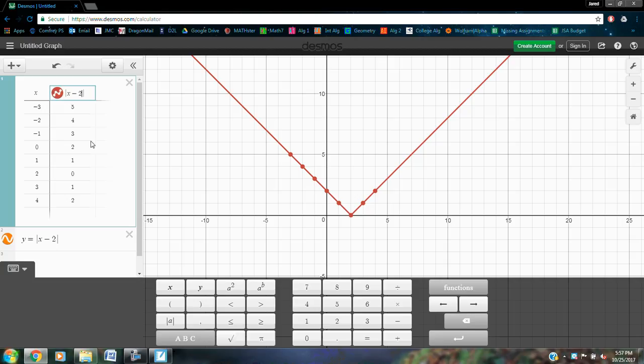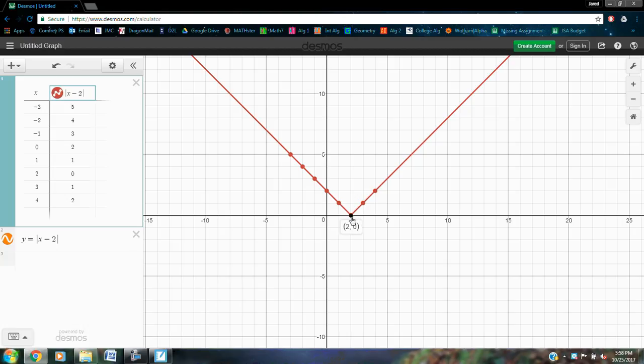Now, why does it make sense that it should be opposite? Well, again, think about it. Whatever you plug in here, you have to subtract 2 first before you even take the absolute value. So if I plug in negative 3, I have to subtract 2 to get negative 5. Then I take the absolute value. So the trick here is we think of our vertex as the place where the absolute value is 0.